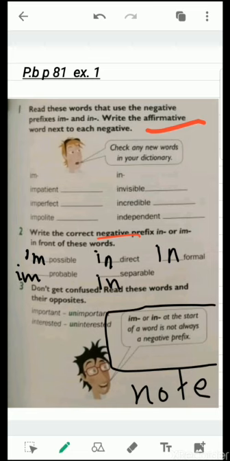Some words have the M or the N letters at the beginning of the words, but they are not prefixes. بعض الكلمات تبدأ بالحرفين IM أو IN، ولكن هذه ليست بالضرورة أن تكون مقطع قبلي. هذه الأحرف تكون أصلية في جذر الكلمة. حذفها يعني تغيير الكلمة، وبالتالي هذه ليست prefix، ليست مقطع قبلي.